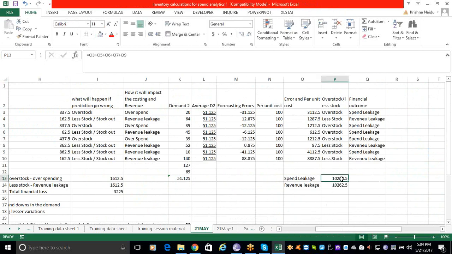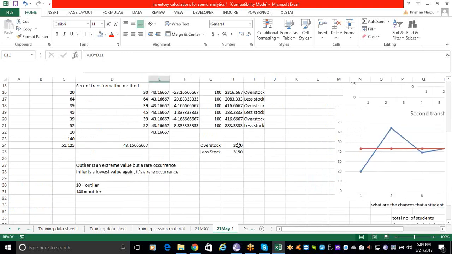So here, what was the loss? What was the spend leakage? 10,262. And what is here now? 3,150.